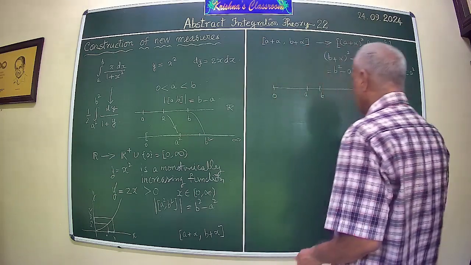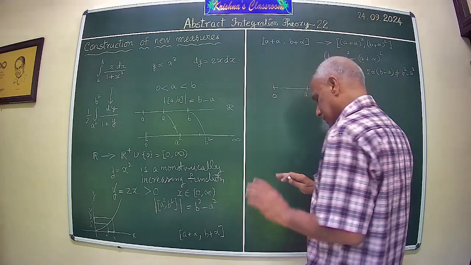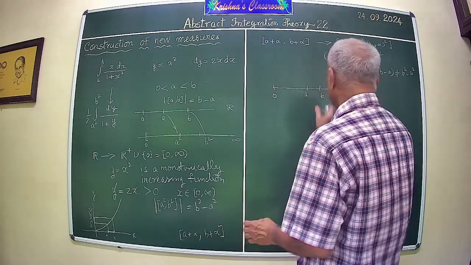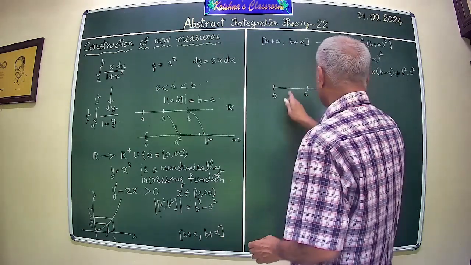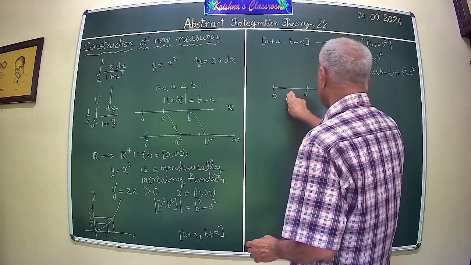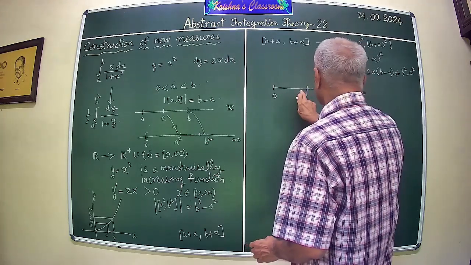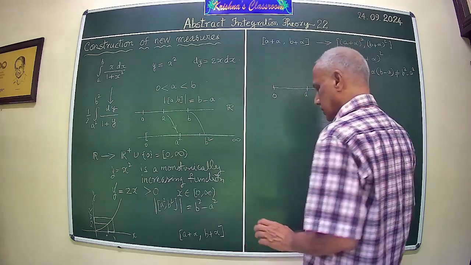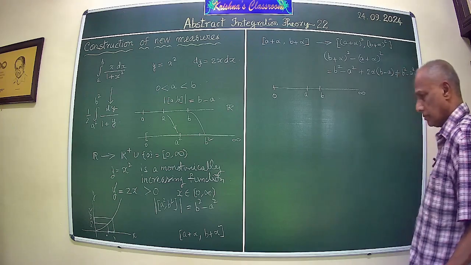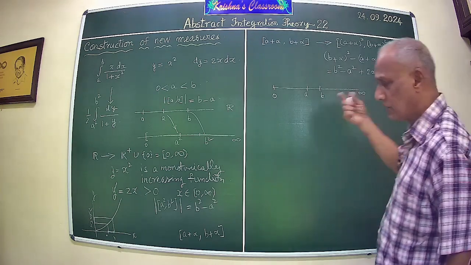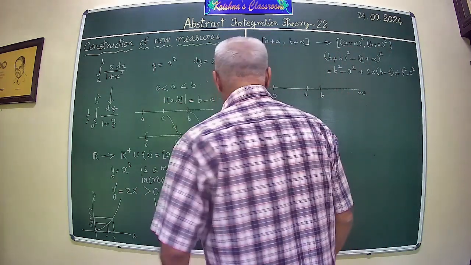Suppose you take two intervals of the same length like 1 to 2 and 5 to 6. Their images are going to be different.